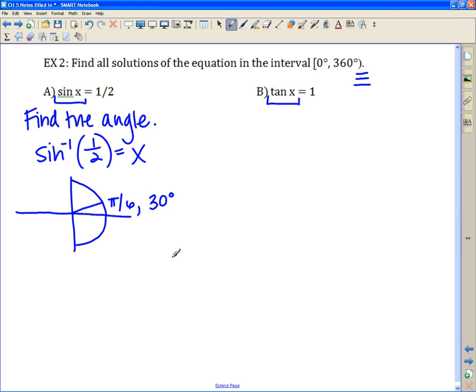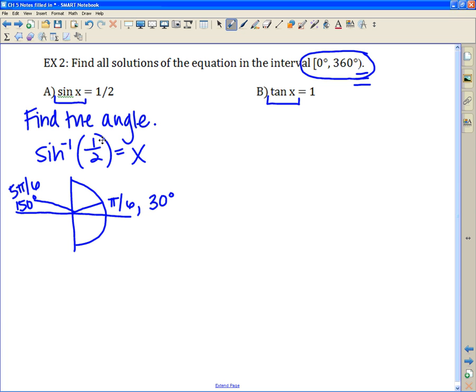Since we're always expecting you to think a little bit further, that was the answer to the inverse sine problem, but they gave us a different stipulation using 0 to 360. So is there another place where the y value is positive 1/2? The answer is yes. The y value is also 1/2 over here at 5 pi over 6, which is really close to 180, so it's 150 degrees.